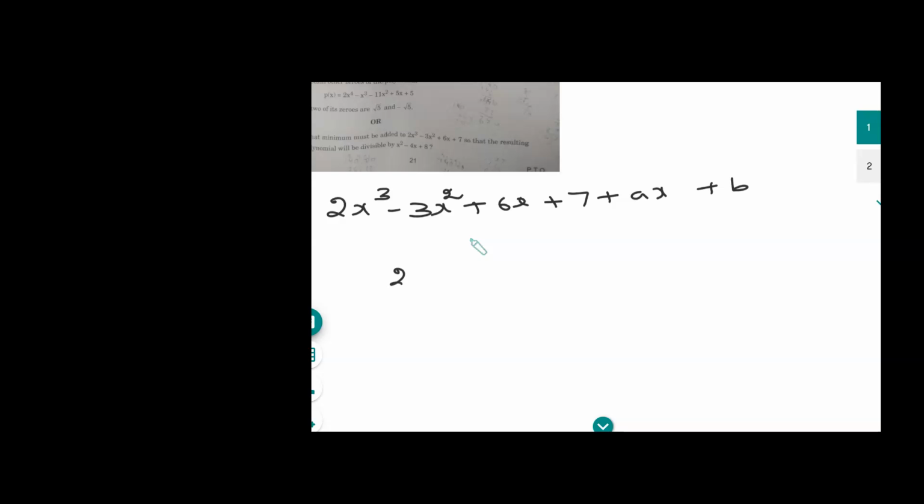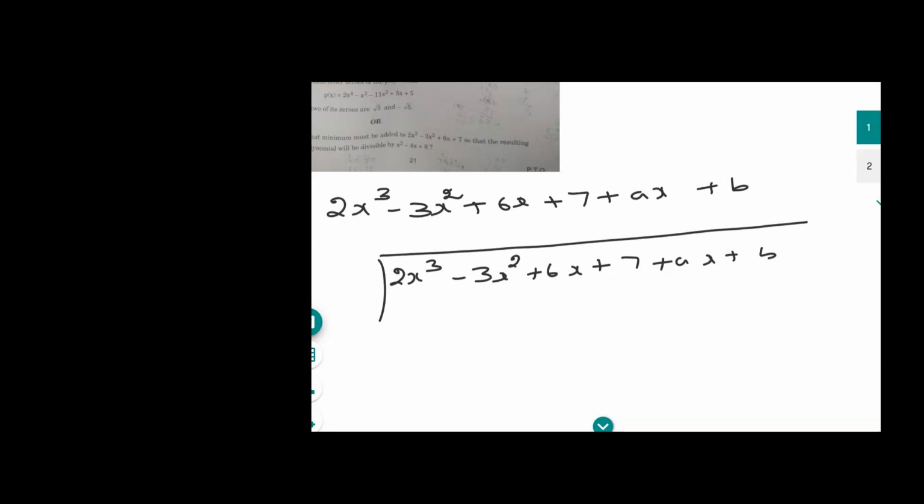So 2x cubed minus 3x squared plus 6x plus 7 plus ax plus b. Now let us divide that by x squared minus 4x plus 8.